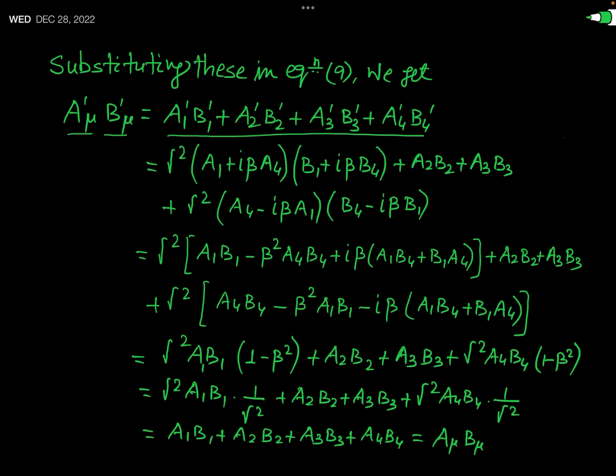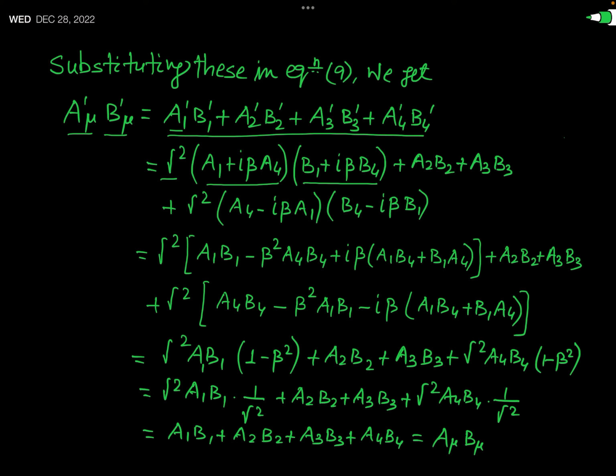Now substitute the value. We have seen that A1 prime is equal to gamma times A1 plus i beta A4, and B1 prime is gamma times B1 plus i beta B4. Since both of these equations contain gamma, gamma times gamma will be gamma square.